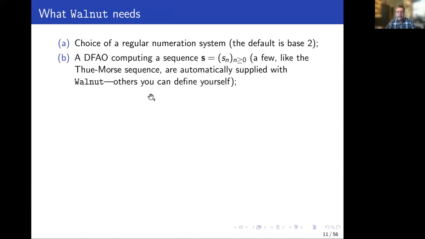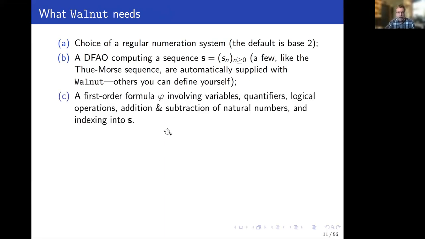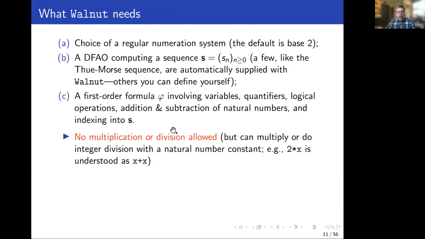You need a DFAO that computes the sequence S, and some of them are supplied, like the Thue-Morse sequence was called T, and others you can just define yourself. And then you need a first order formula involving variables, quantifiers, logical operations, addition and subtraction of natural numbers, and indexing into your sequence. And once you have those three things, then Walnut can say true or false.